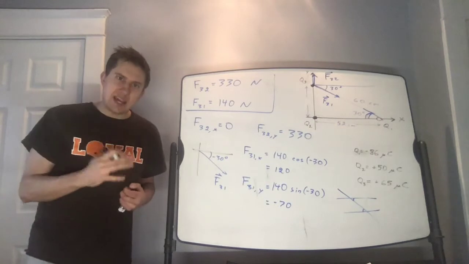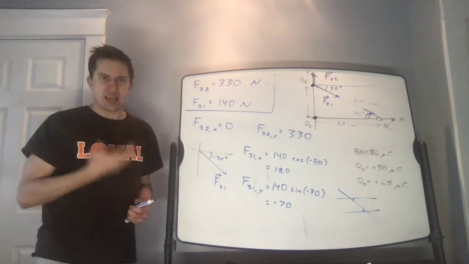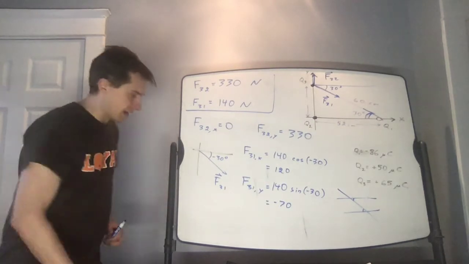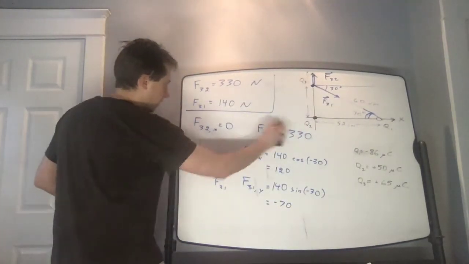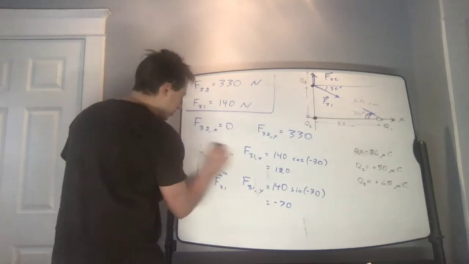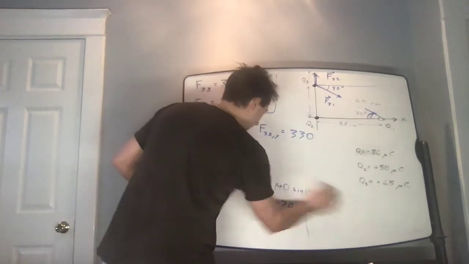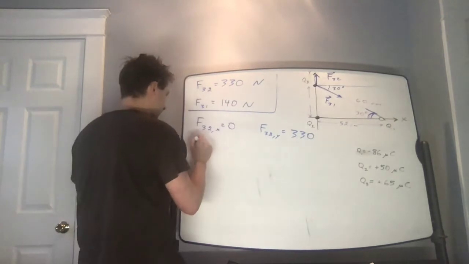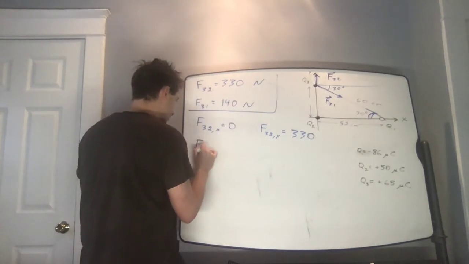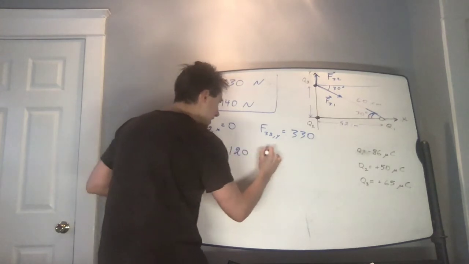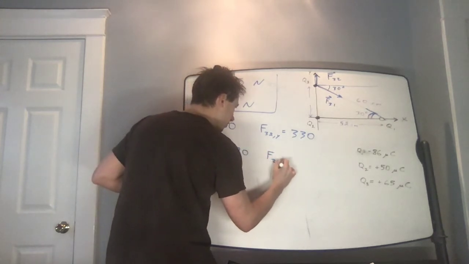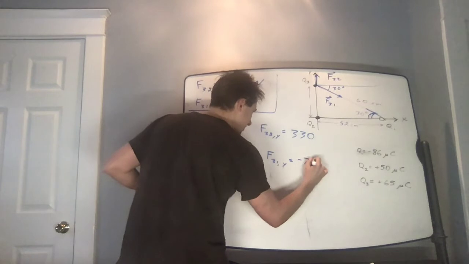So now we can add these two forces as vectors to find the net force on charge number 3. So let's see, we have F32x, F32y right there. I could write F31x equals 120, F31y equals negative 70.